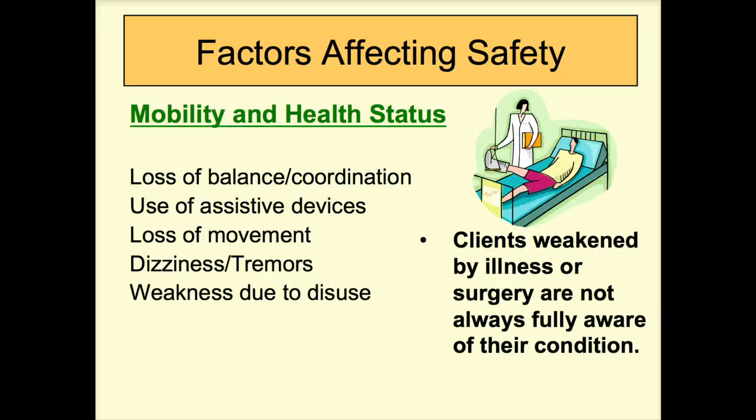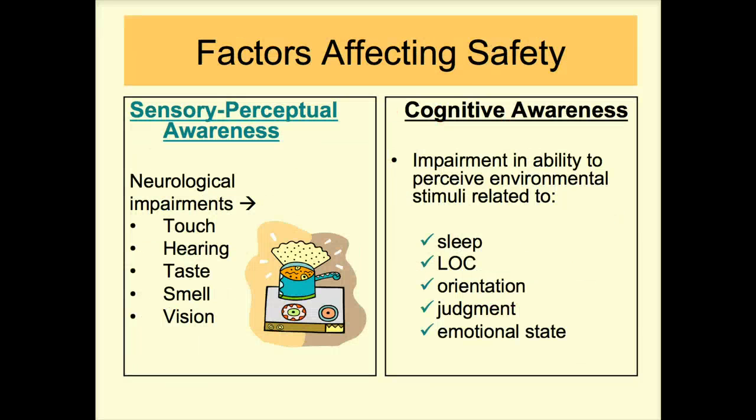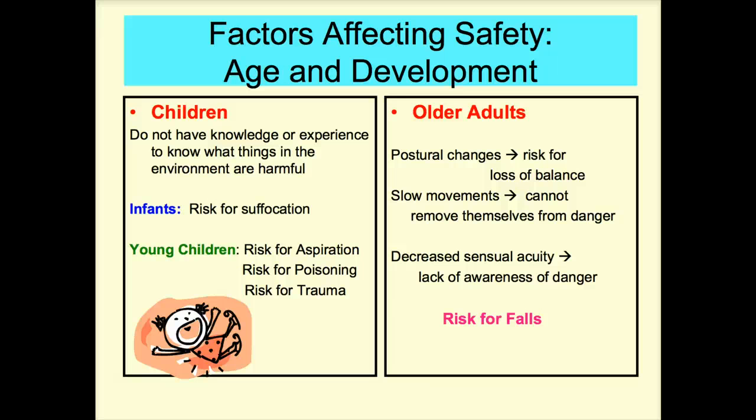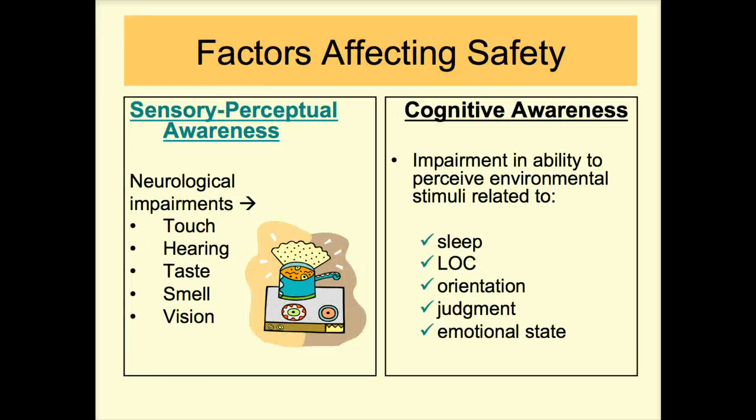Factors that can also affect safety have to do with sensory perception and awareness. Again, neurological impairment. This goes back to what we discussed in the section on activity. We're assessing, we're looking at the factors. Touch, are there any neurological impairments to touch, to hearing, to taste, to smell? Do they have a decreased cognitive awareness?